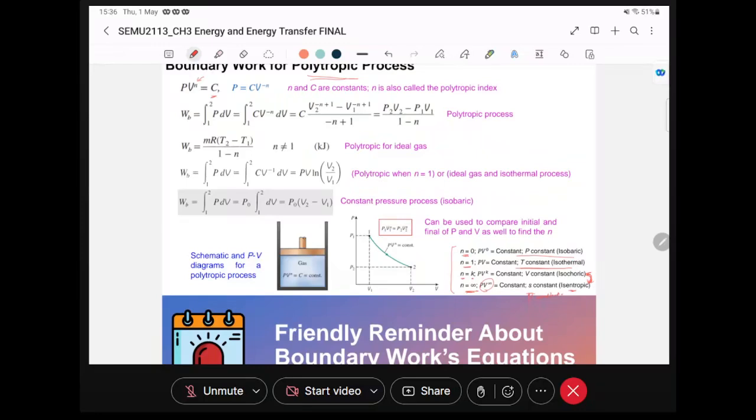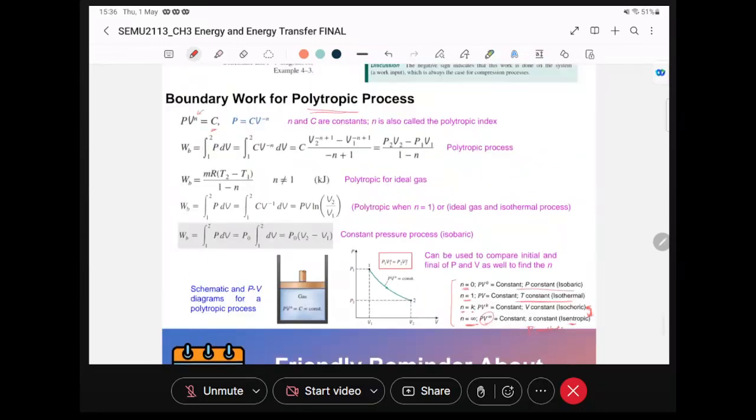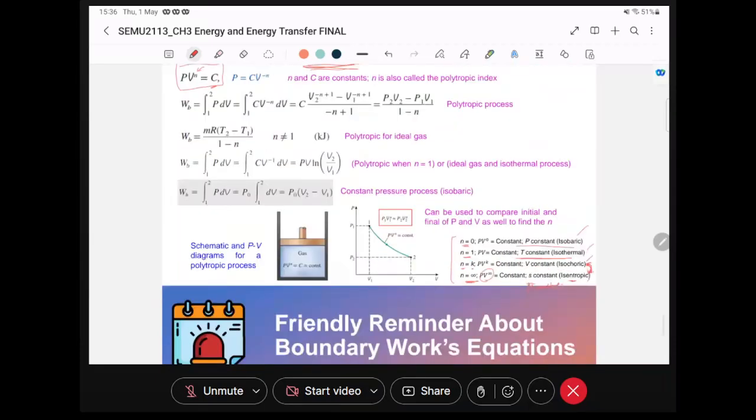So either it is an isobaric, isothermal, isochoric or isentropic process, they are all polytropic processes. It's a very general way of expressing the process, PV to the exponent of n. Okay.